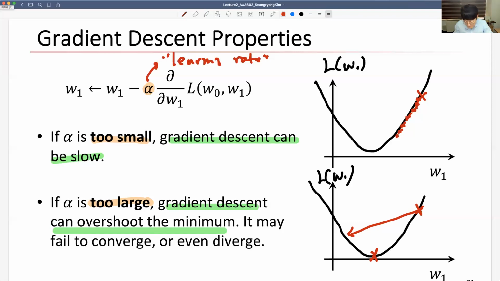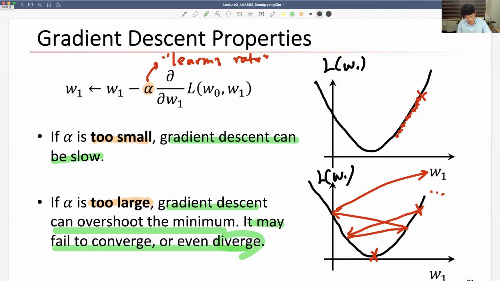Then the next step will be something like this, or this one. So in that case, it may fail to converge, even diverge, right? So from here, we can say that the optimal learning rate is one of the most important issues in gradient descent, right?